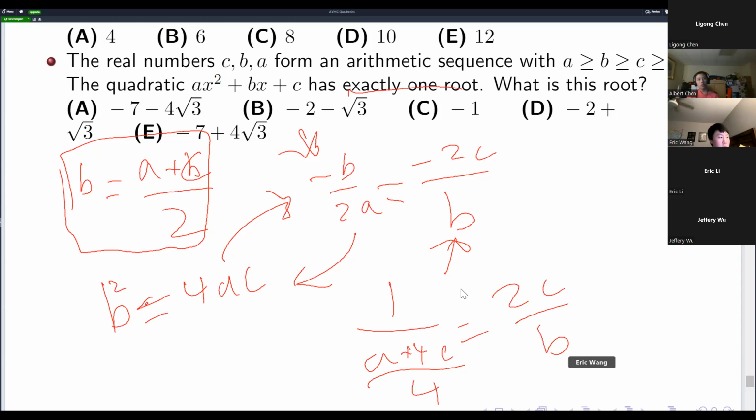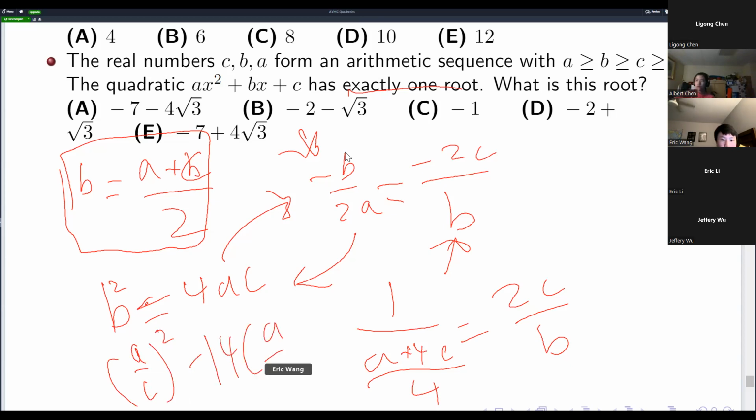With a bunch of substitution, what you're trying to find is a over c, and you plug in again and you get a quadratic in a over c: a over c squared minus 14 a over c plus 1 equals 0. So this is our quadratic.